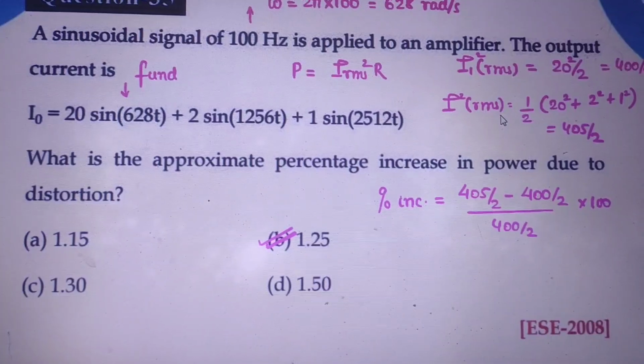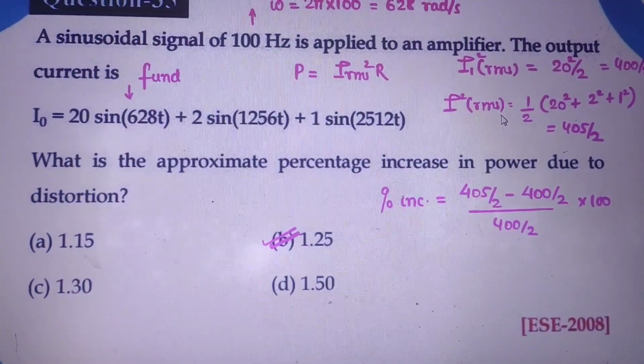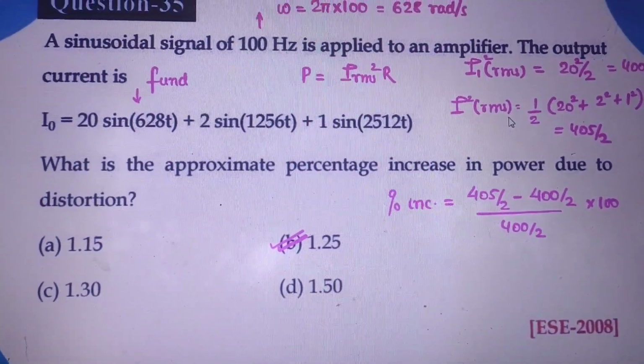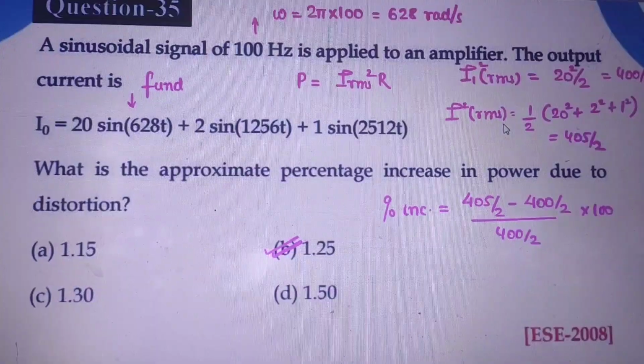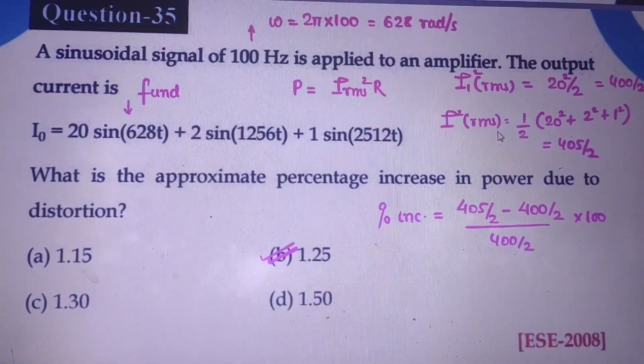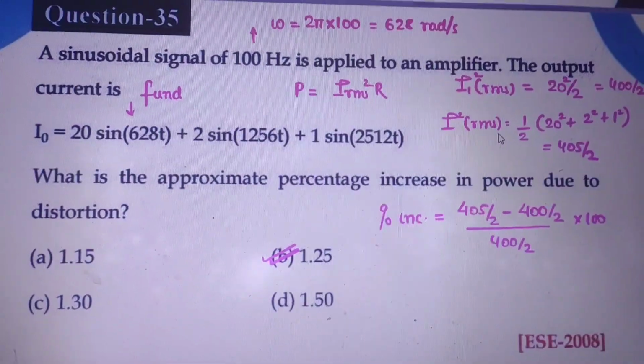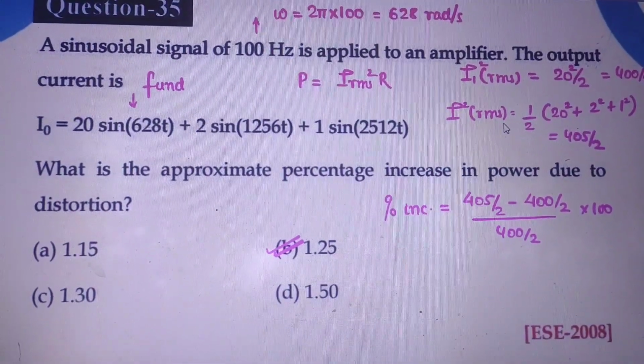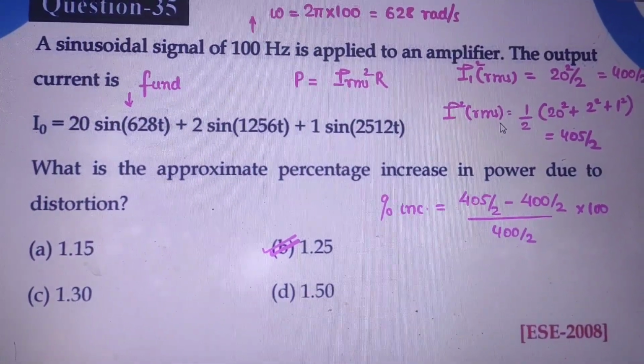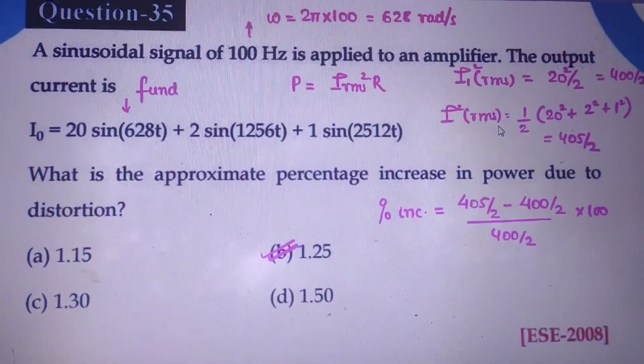So there is a percentage of increase. Percentage of increase is the total current minus fundamental current, divided by fundamental current, into 100. You will get the percentage increase in the power, that is 1.25.